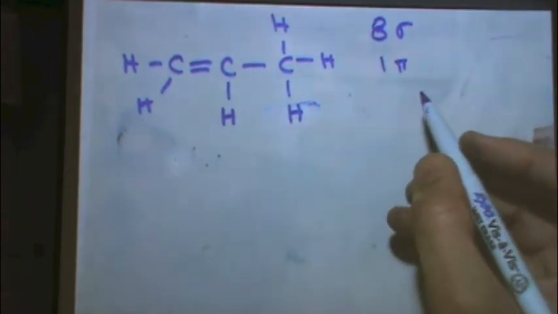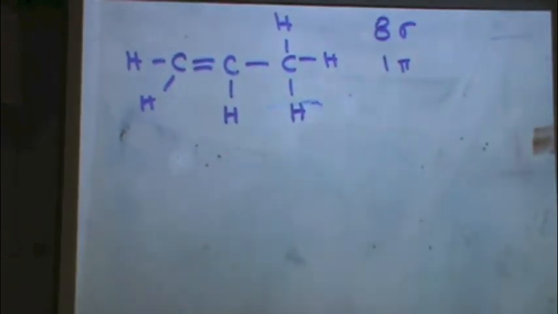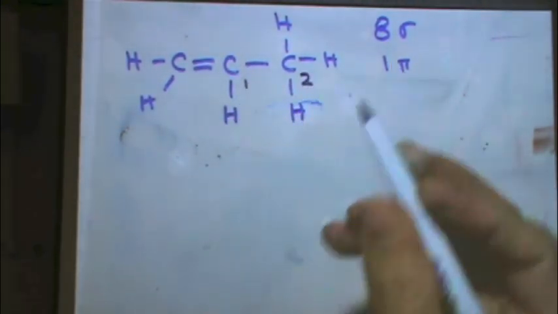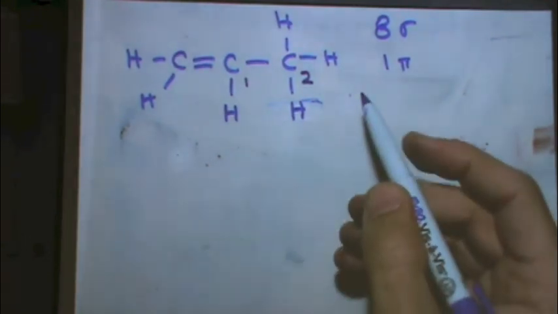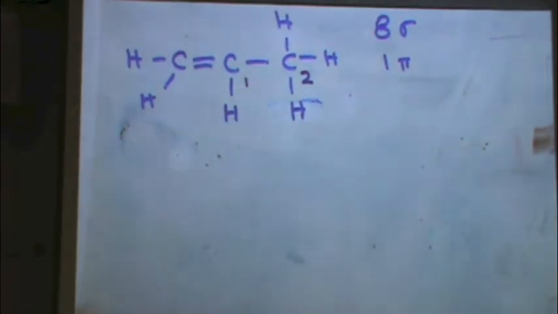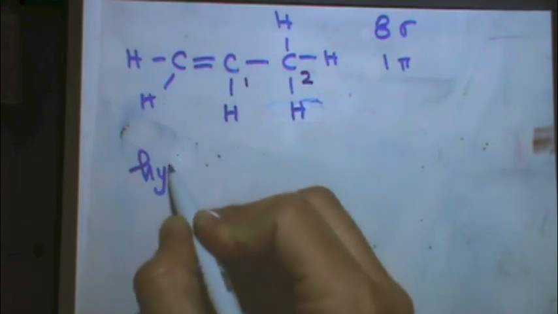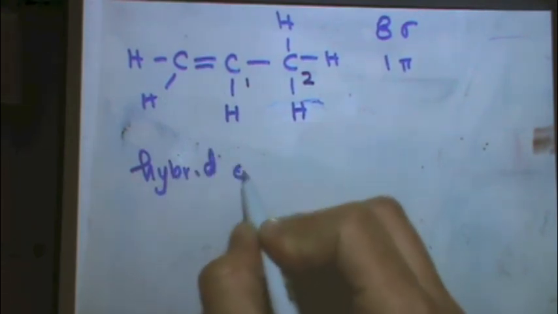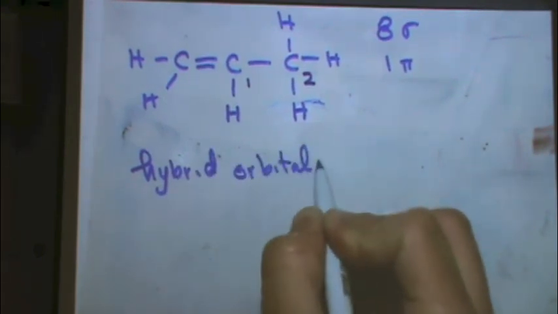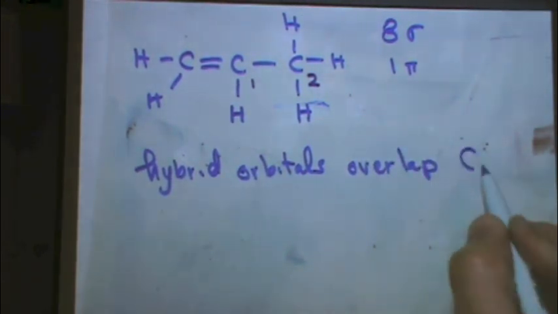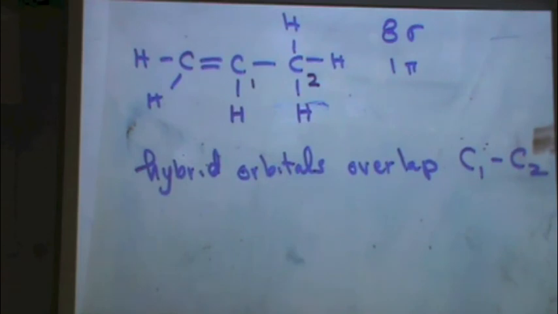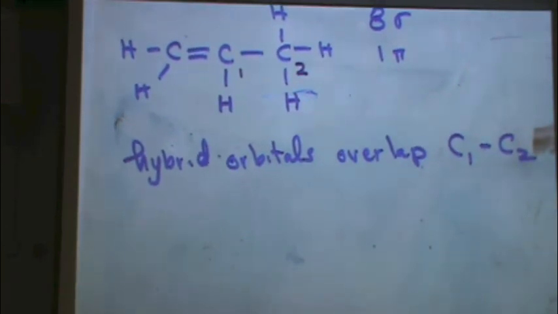One other thing is we could ask you, let's call this carbon 1 and carbon 2. What bond makes up carbon 1 and 2? Or what hybrid orbitals overlap to make the carbon 1 and carbon 2 bond? First of all, would that be a sigma or a pi bond?